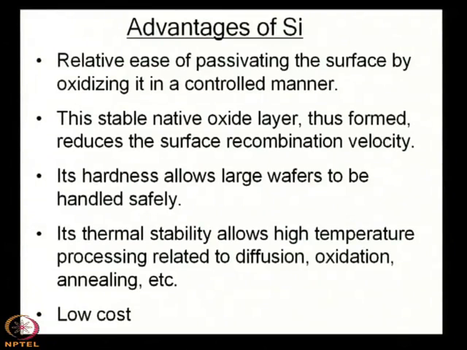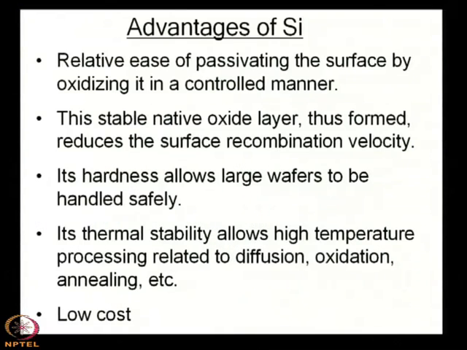One of the advantages is the relative ease of passivating the surface by oxidizing it in a controlled manner, right. Now, what is the implication of this statement? Relative ease of passivating.